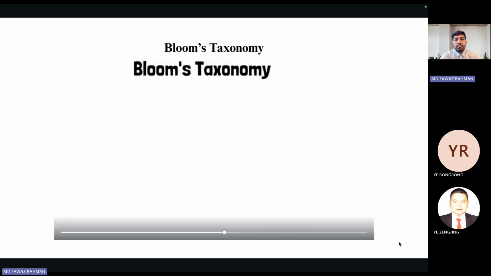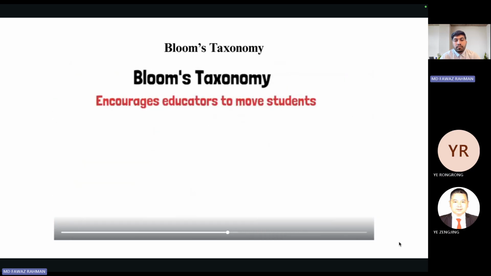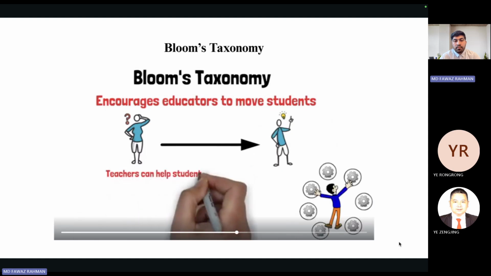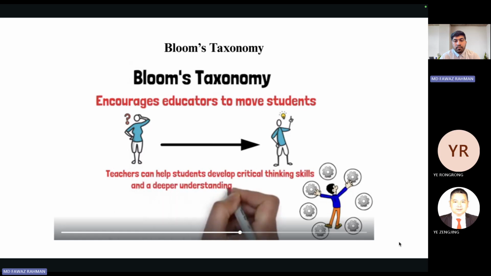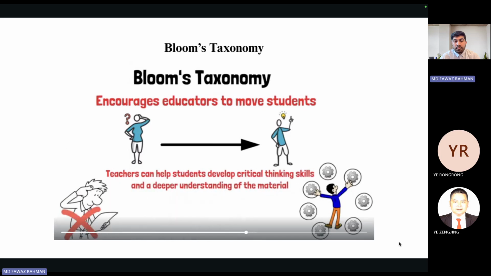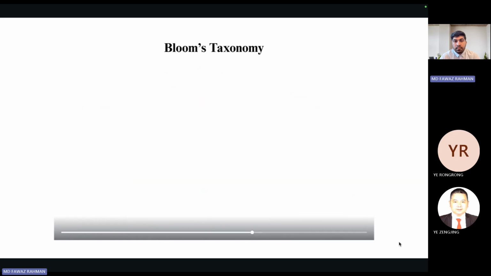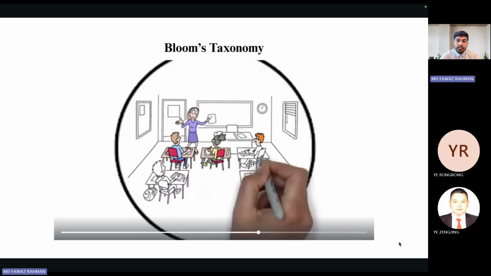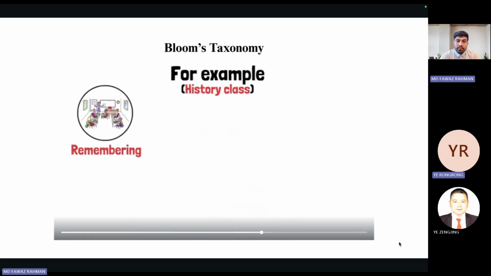Bloom's taxonomy encourages educators to move students beyond simple memorization to higher levels of thinking. By structuring lessons around these 6 levels, teachers can help students develop critical thinking skills and a deeper understanding of the material. This approach ensures that education isn't just about remembering facts, but about using knowledge in meaningful and creative ways. For example, in a history class, a teacher might start by having students memorize key dates and events, remembering.